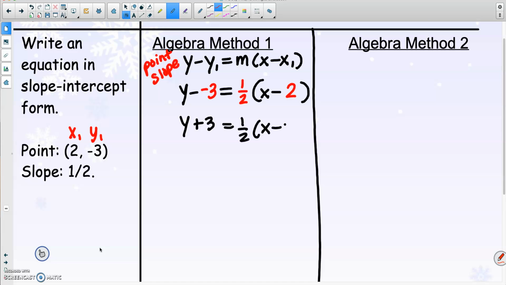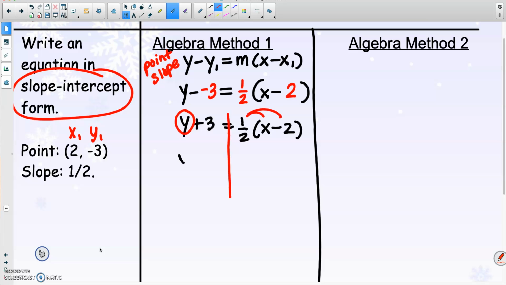And if I solve it, because my answer has to be in slope-intercept form, I need to get y by itself, so I can distribute the 1/2. So y plus 3 equals 1/2 x minus 1/2 times 2. The 2's would cancel.